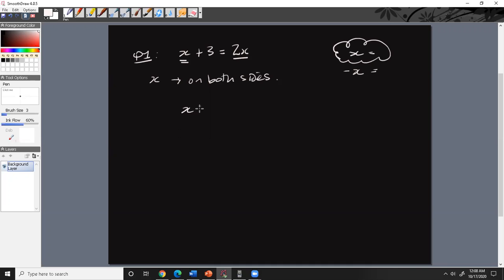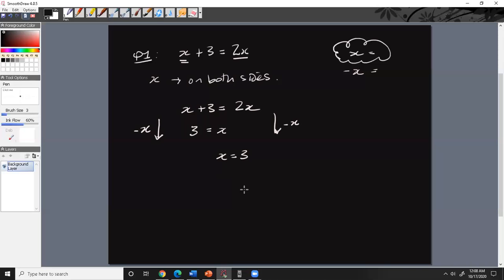So we've got x plus 3 is equal to 2x, and we're going to take away the x from both sides. So on the left-hand side, we've just got 3, and 2x minus 1x is just x. So x is equal to 3. So we've solved it.